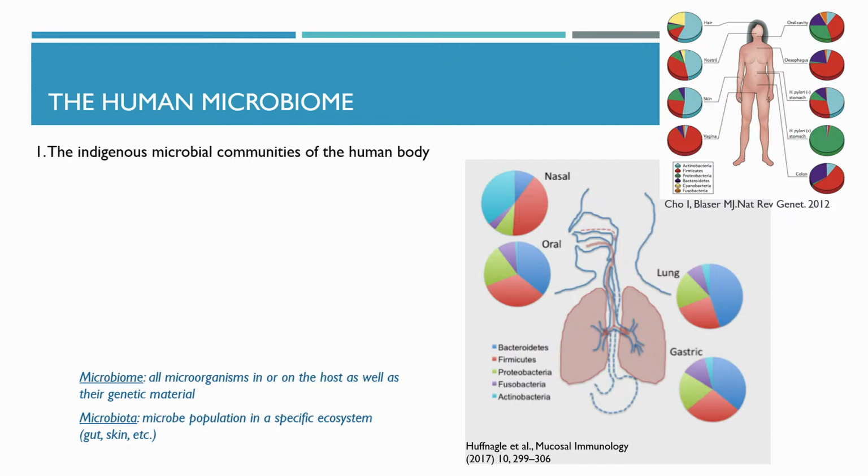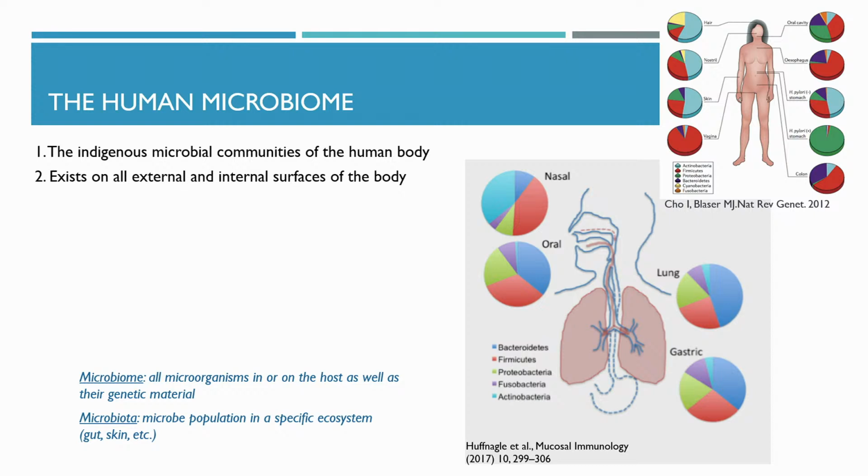You'll notice that all these different sites have different proportions of the colors. So each body site is colonized predominantly by only certain bacterial groups. There's a lot of differences. If we zoom in on the lungs, gastric, oral, and nasal cavities, this is another image showing the same thing, where very different bacterial communities inhabit these different sites. There's definitely a reason for that, and we'll talk about some of those things.